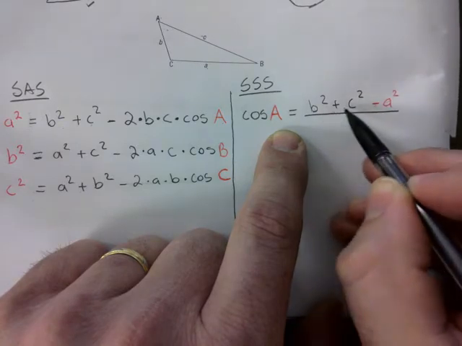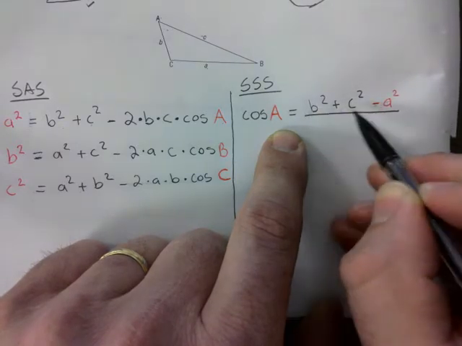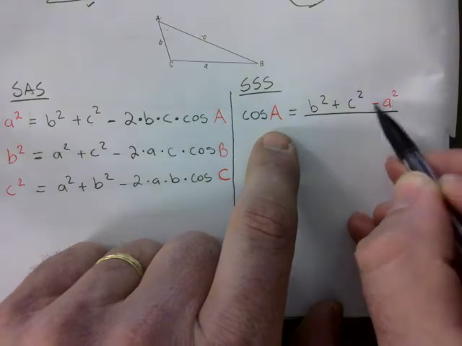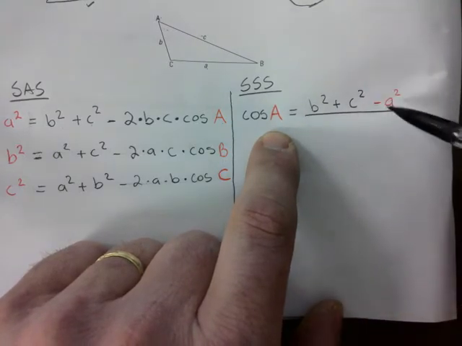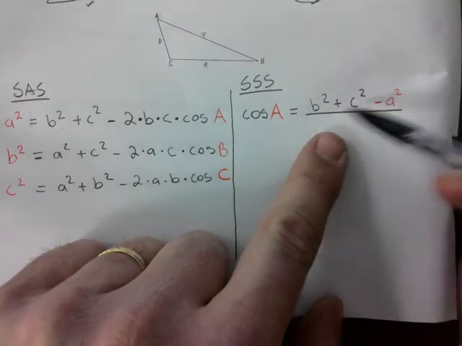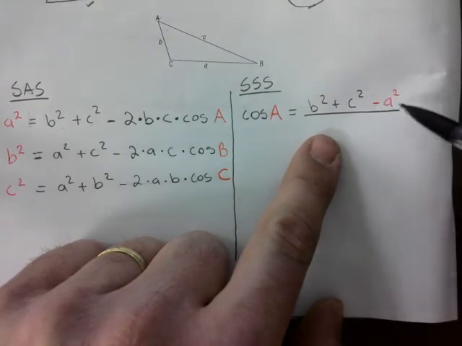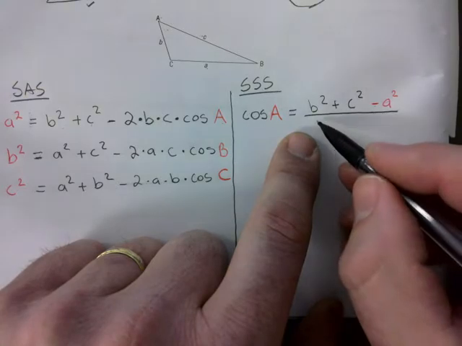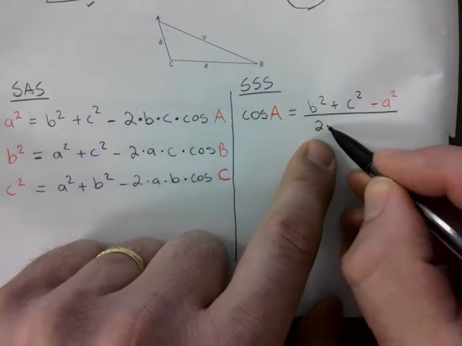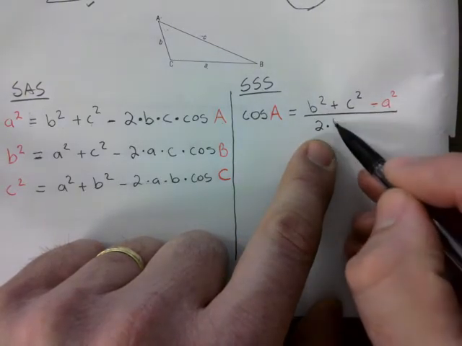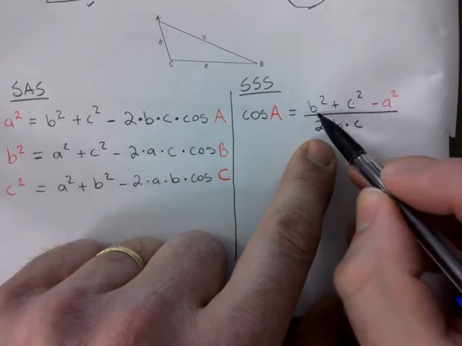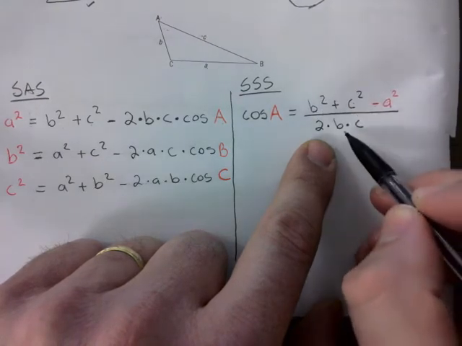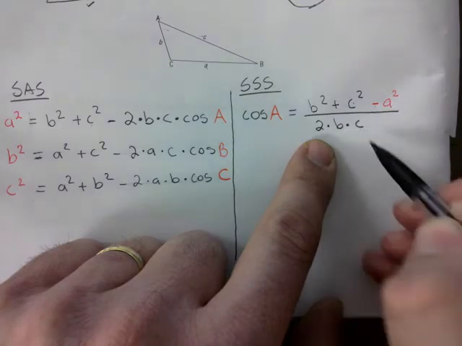So the three sides are on top, but side A needs to be at the end. B and C squared, you can flip them if you want, but the side with a negative has to be at the end. Then you go 2 times, watch this, B times C. So those two sides that were squared show up again down here.